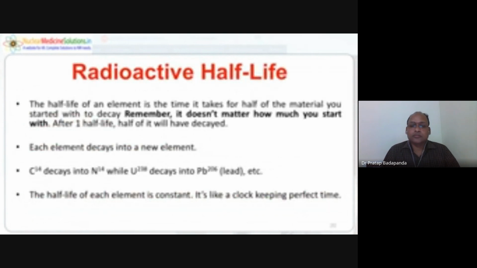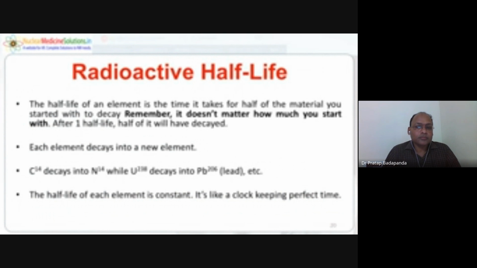Now comes the important term, radioactive half-life. What is radioactive half-life? All radioactive elements decay, as we discussed in the previous slides, and when they decay, they come to a second state, or ground state, or another isotope form.